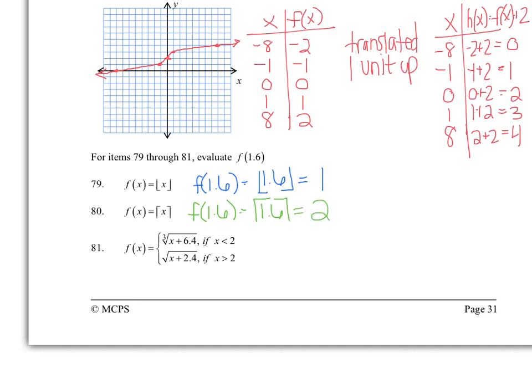For the last one, it's a piecewise function of the cubed root of x plus 6.4 if x is less than 2, and the square root of x plus 2.4 if x is greater than 2.